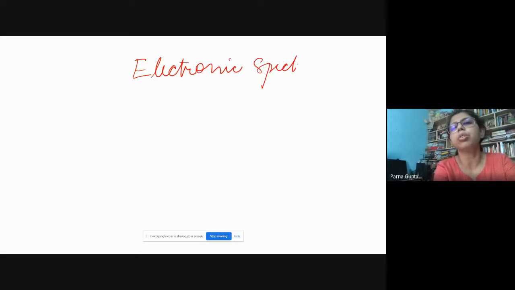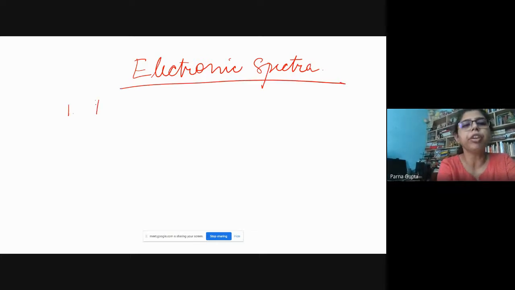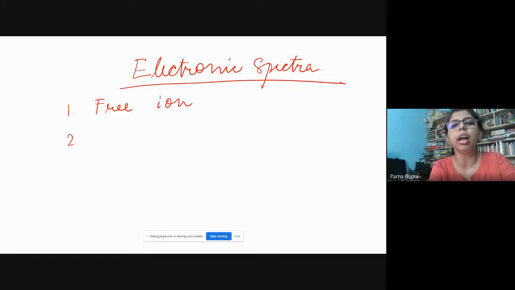Okay, so if you go to the electronic spectra, as I explained, what could be the thing? First is a free ion. Free ion means we do not consider electron repulsion within that.